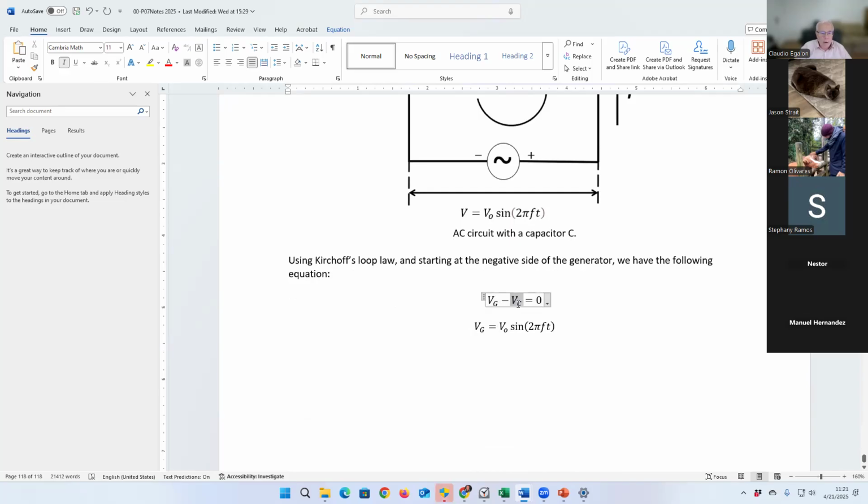And then what about the V of the capacitor? Okay, for the V of the capacitor, we use exactly the definition of capacitance. Do you remember the definition of capacitance? It is C equals the charge Q divided by the V of the capacitor. Okay, and then we solve for the V of the capacitor and plug into the equation above.